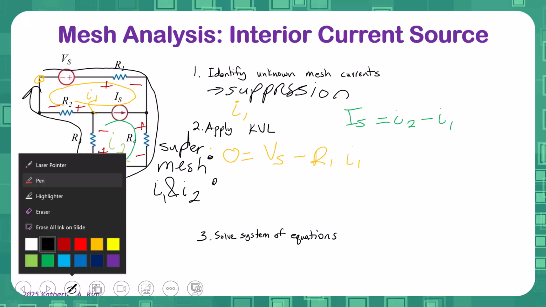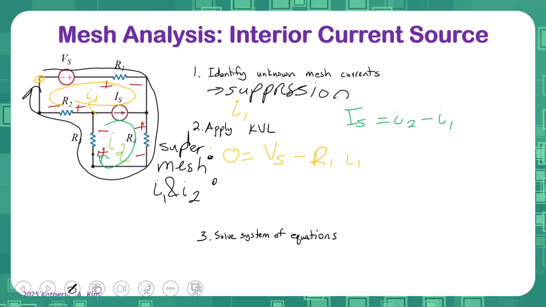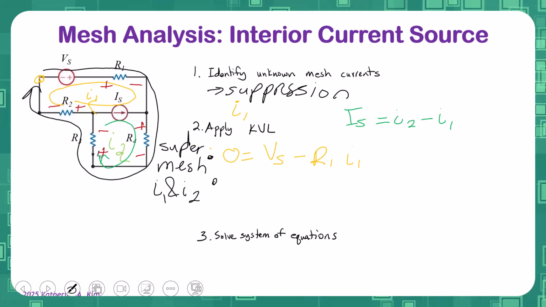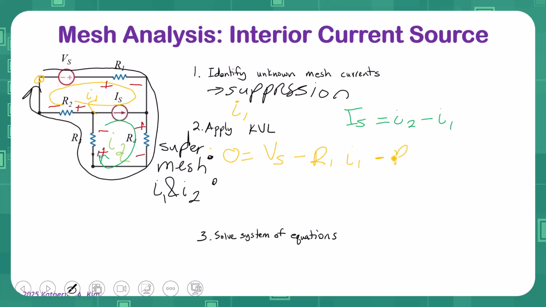It's probably going to take 2 lines. We start here with VS, then minus R1 I1, and now we go over R4, so minus R4, and the current through this one is I2.